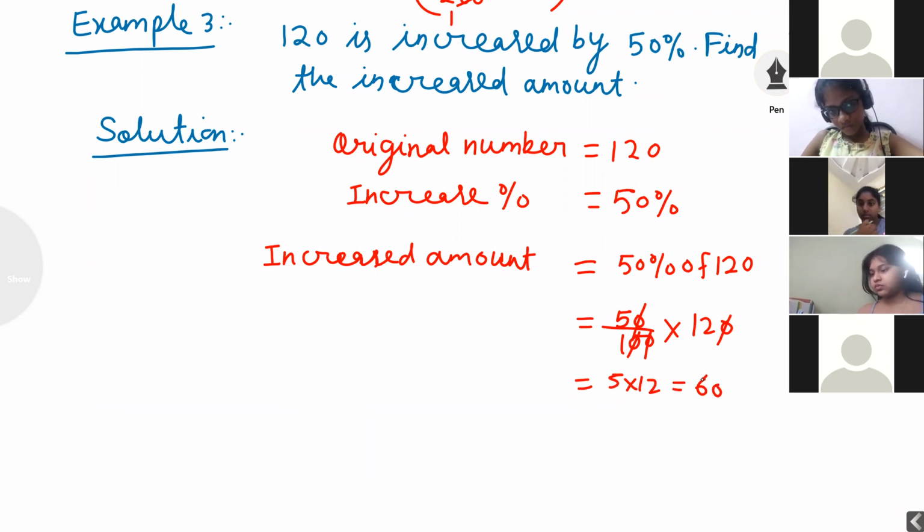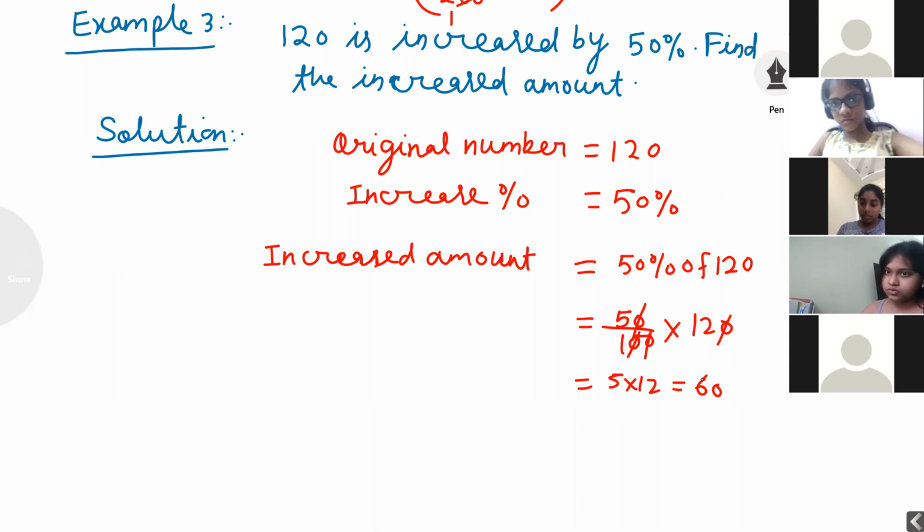Don't try 60. But 120 was there and 60 is coming.